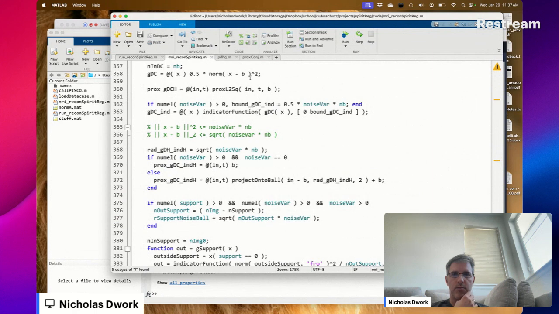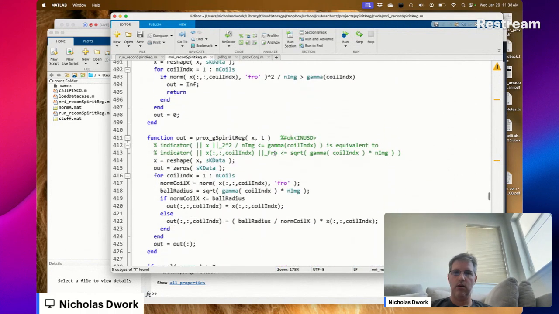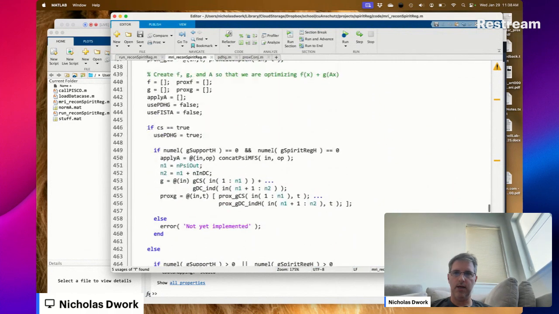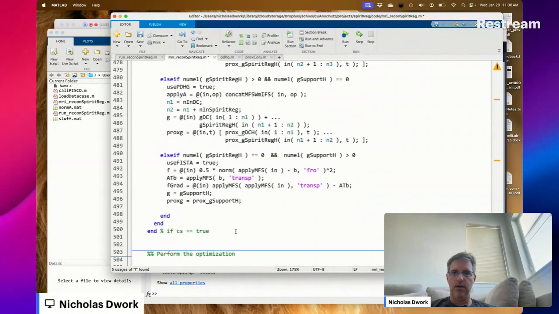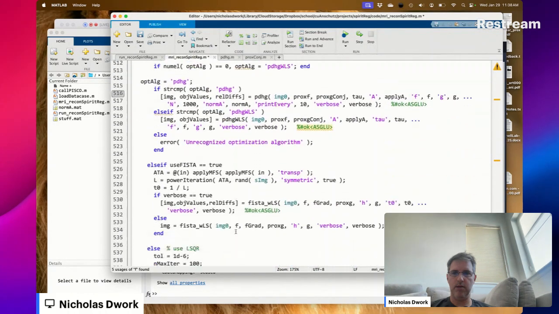X would have to be close to B. I can do that. I'm going to do that just for testing. I can do that by solving the LSQR.